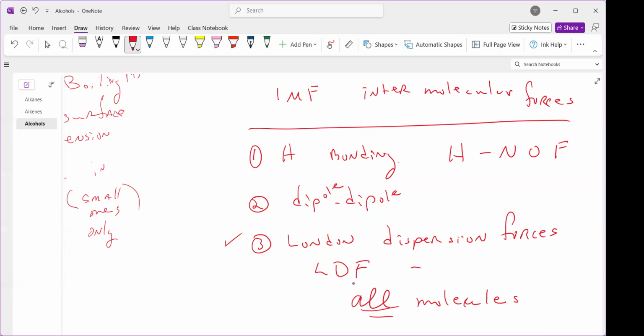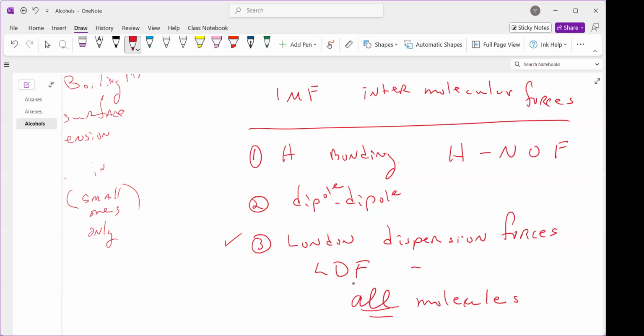Boiling means you pull apart the molecules and get them in a gas. So if they're sticky, they're going to be harder to pull apart and require more energy, higher temperatures to pull them apart. So alcohols have a higher boiling point than comparable alkanes. Alkanes don't have that stickiness of hydrogen bonding like alcohols do.